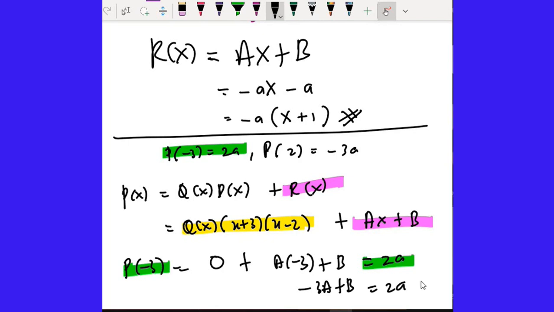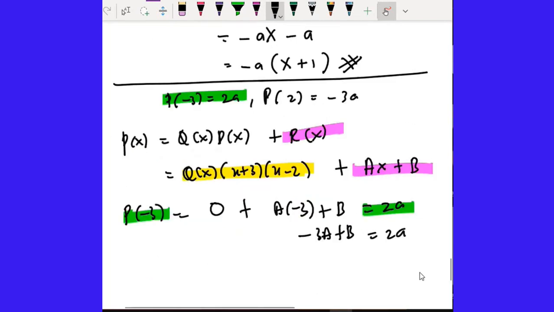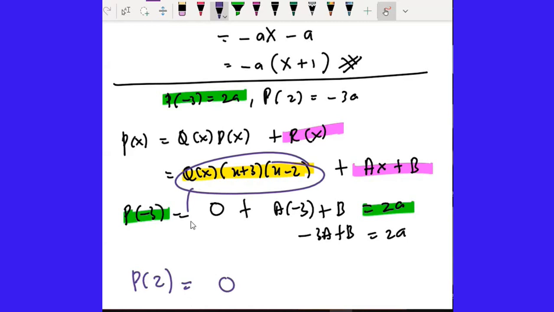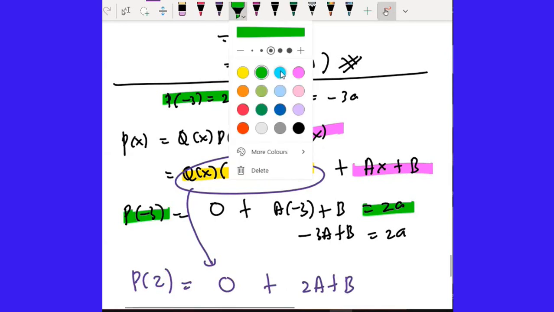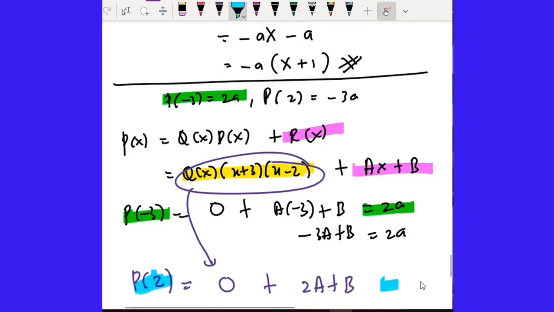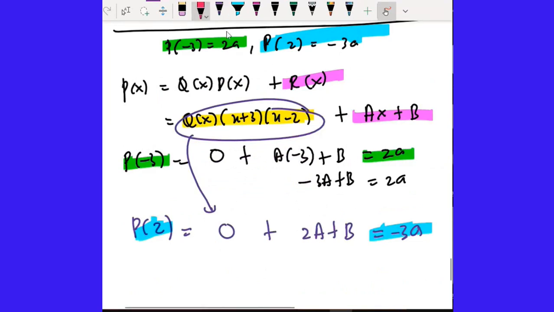This is the first equation, using the concept. And then P of 2: 2 minus 2 is 0, plus 2A plus B is equal to negative 3A. This is the second equation.